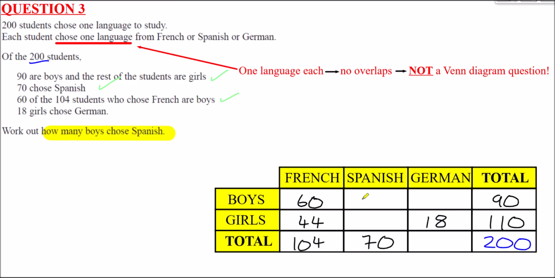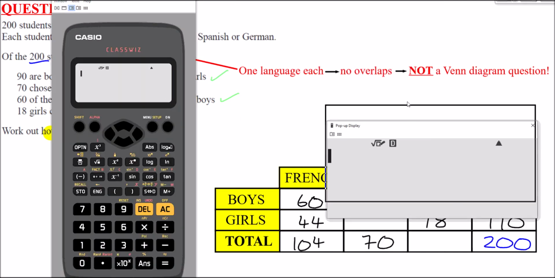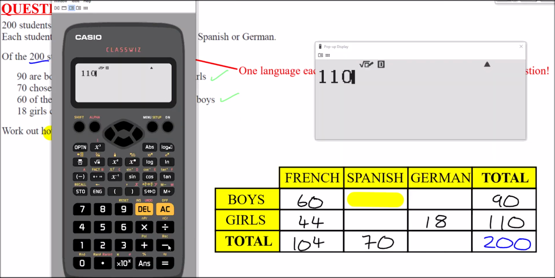So we need to work out this number here. Let's fill in the missing bits of information. If we know the total number of girls is 110, 44 chose French and 18 chose German, then we can work out the number of girls that chose Spanish by doing 110 minus 44 minus 18.